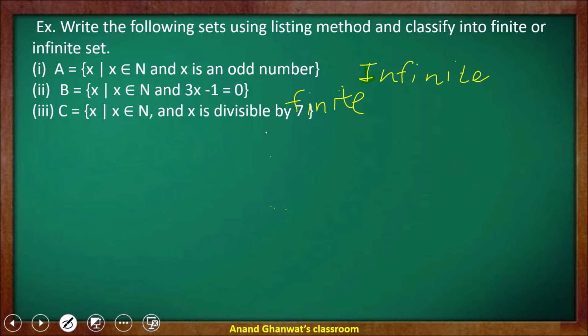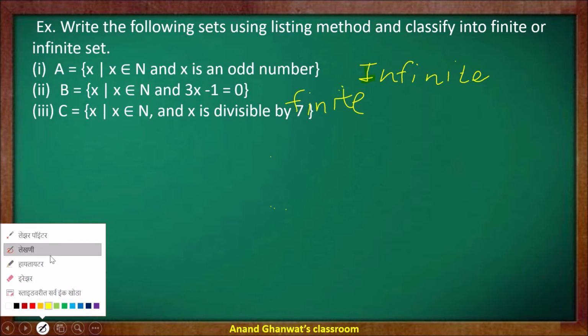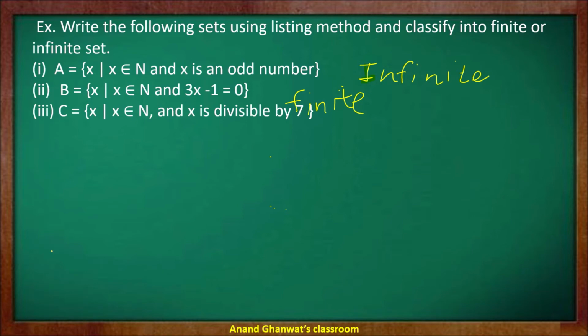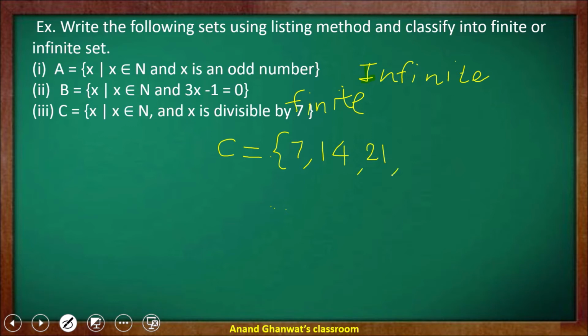Let us try. C is equal to, in curly brackets, 7, 14, 21, 28, 35, 49, and so on.